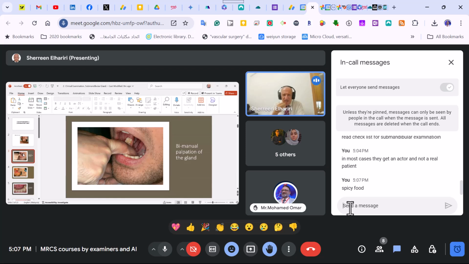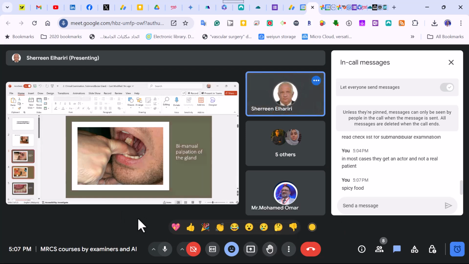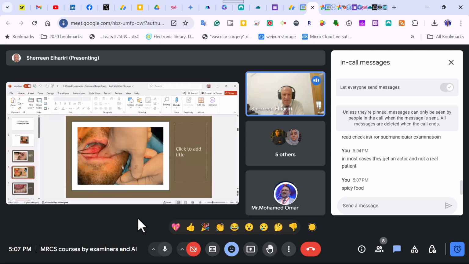Usually saliva is alkaline, so if you take something sour, lemon-like or vinegar, that can increase the size. Okay, so this is by manual examination.